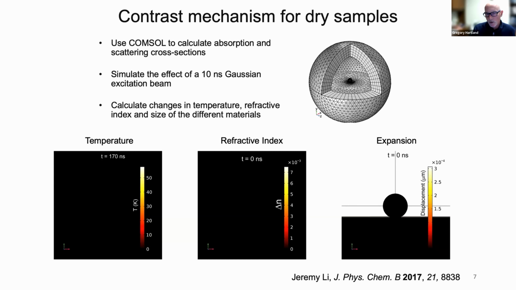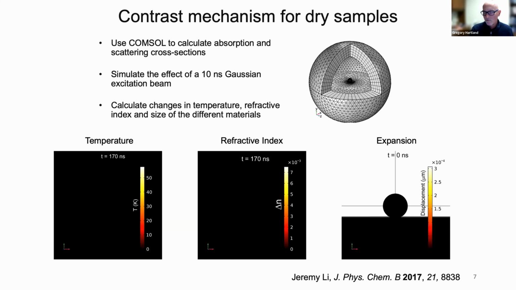So our thoughts were that the signal comes from the change in the scattering cross-section of the sample, and that has contributions from changes in the refractive index and changes in the size. And maybe that's not the best way to think about that, because basically the refractive index changes because the size changes, so those two things are really combined together. But this is what the change in the refractive index looks like.